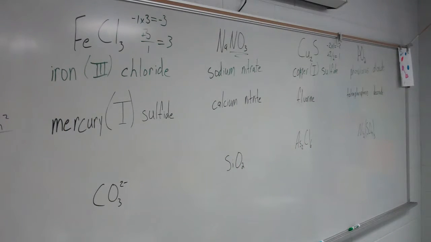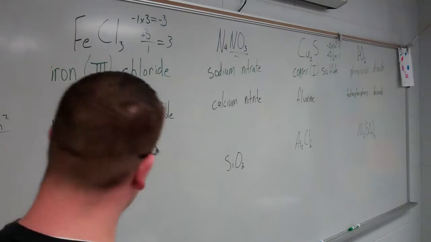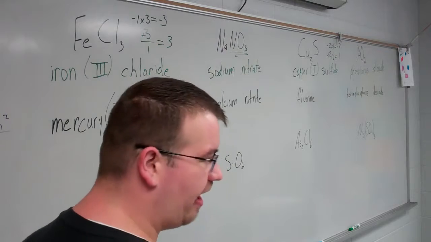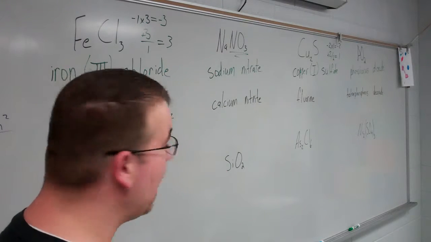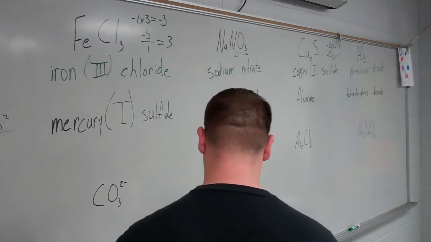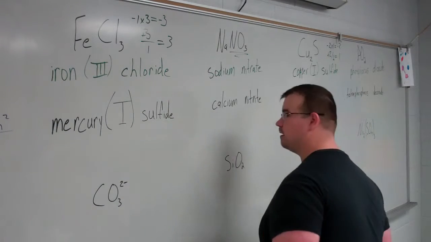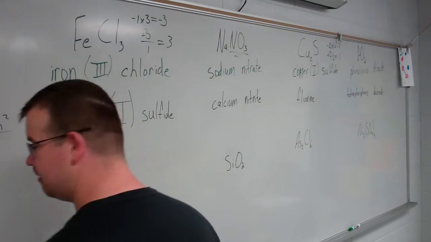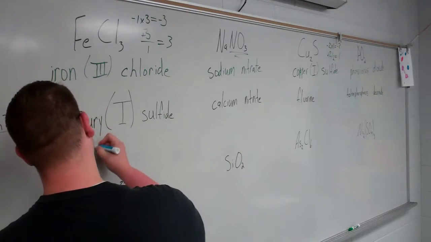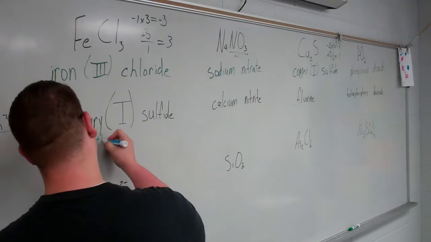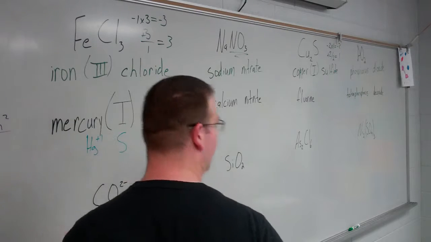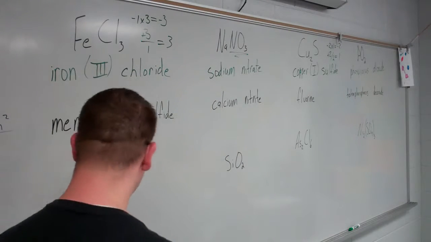Okay? So let's move to this one. We have mercury 1 sulfide. So here's how I work it. Let's go to a different color. So mercury, Hg, and it's got a positive 1 charge. And then sulfide. What's the charge on sulfide? -2.